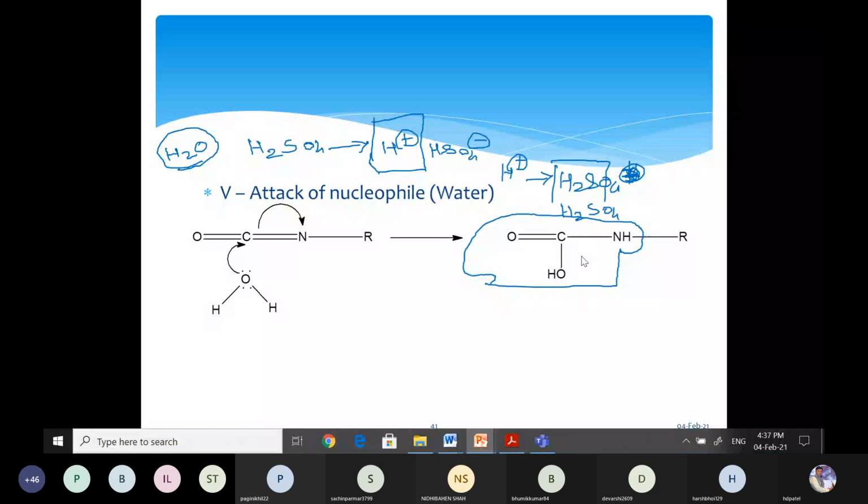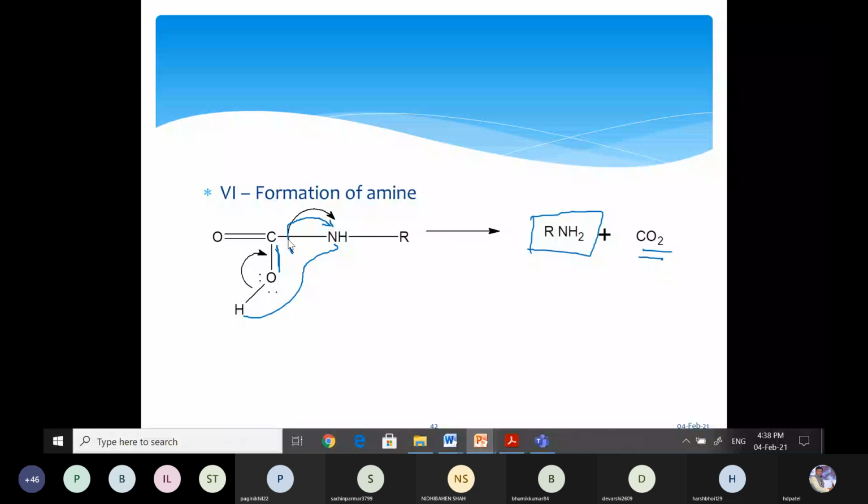Now this carbamic acid undergoes a decarboxylation reaction. In the carbamic acid, the bond between carbon and nitrogen breaks and nitrogen becomes negative. At the same time, proton transfer takes place from oxygen to nitrogen, so we get RNH2.